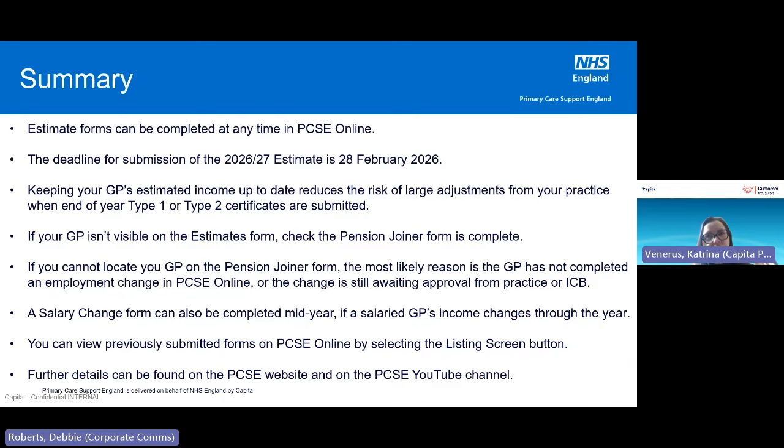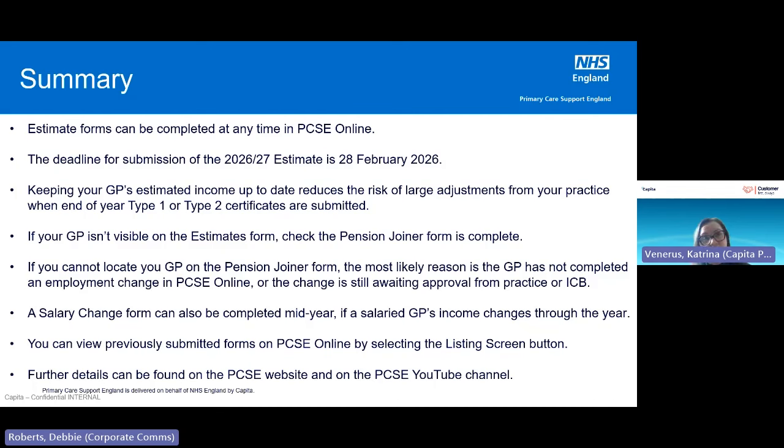If you go to complete the pensions joiner on PCSE Online and you're not able to select the GP, that means that either the GP hasn't done the first step they need to do to initiate the whole joining process, which is to log into PCSE Online and submit an employment change that says, I have started at practice X on whatever date it was.